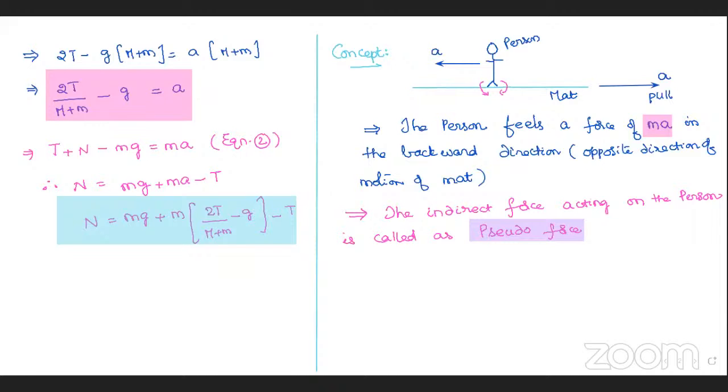Suppose you are in the city bus, all seats are reserved for girls and ladies, so you stand. Then suppose the driver starts the bus. Then do you fall back or front? Back. That's what I'm saying.